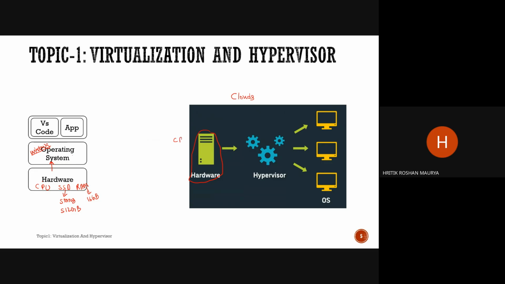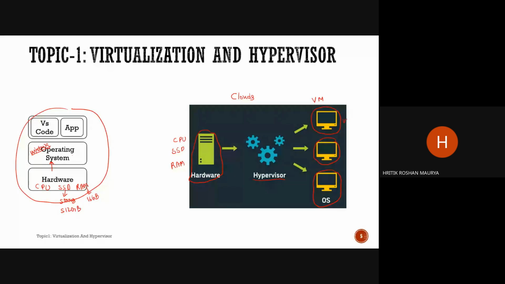They also have CPUs, SSDs, which are definitely better disk drives, and RAM. What they do is install an intermediary software known as a hypervisor, and that hypervisor can create multiple operating systems. This whole thing you can treat as one computer, then another computer, and another. Since they are not physically with you, we call each a VM, virtual machine.